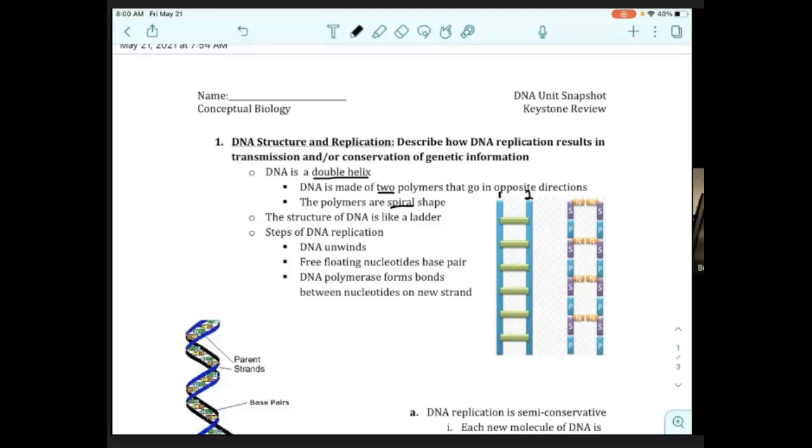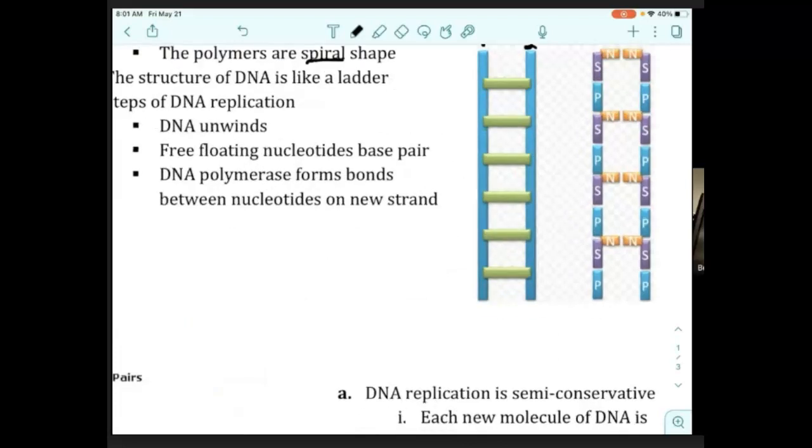The structure of DNA looks a little bit like a ladder, where in the middle we have nitrogen bases. You guys remember? Those are the nitrogen bases, and there are weak hydrogen bonds that hold them together in the middle. When we say nitrogen base, does anybody remember any of them?